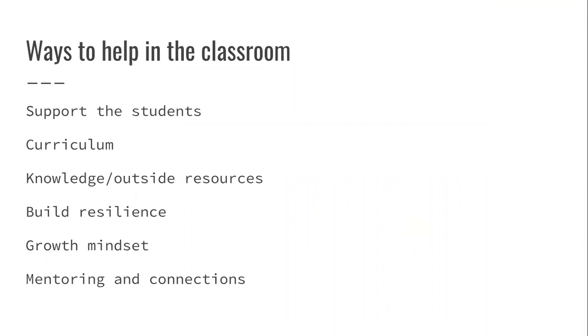So the second part of the assignment asks you ways to help in the classroom. And so some things to think about are, how can I help a student when they come into my classroom that might have a high ACE score? And so one is building that support system, building that relationship with the student.